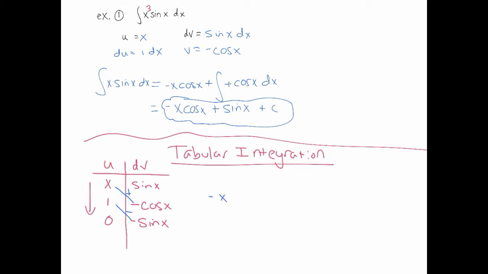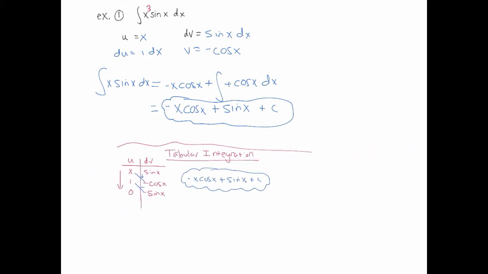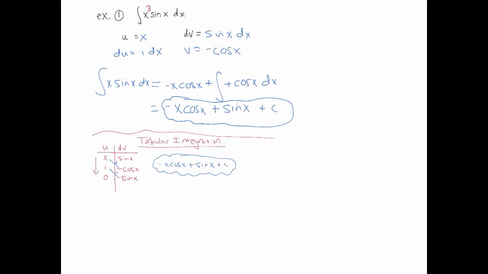I'm going to add that to the negative product of 1 times negative sine of x. So 1 times negative sine of x is negative sine of x, but the opposite of that product is a plus. So there it is.